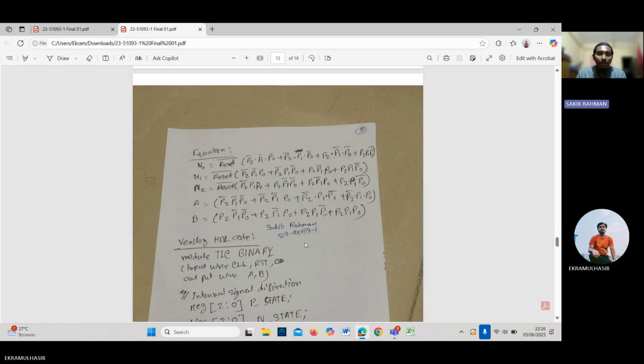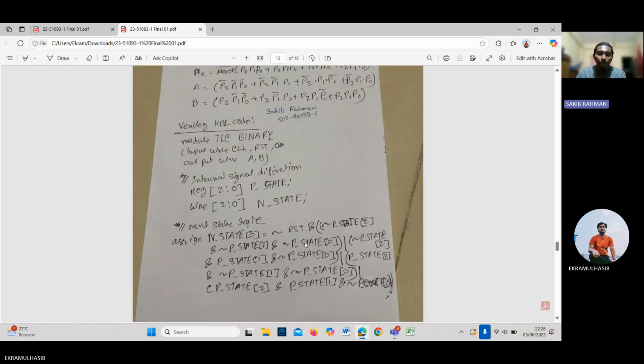In the Verilog HDL code, we have two internal signal definitions, reg and wire, and we have done next state logic, assigning n_state 0, n_state 1 and n_state 2.